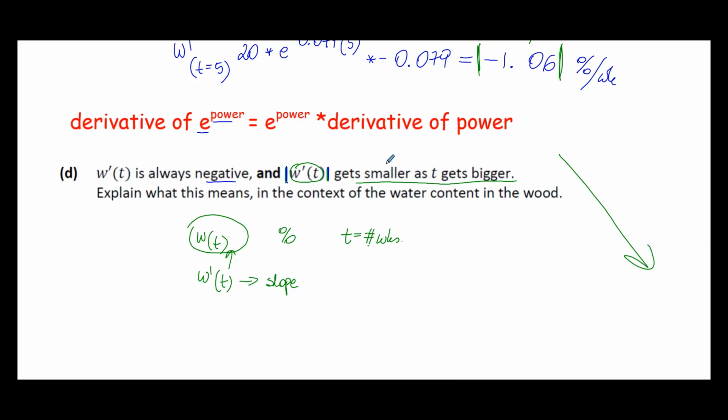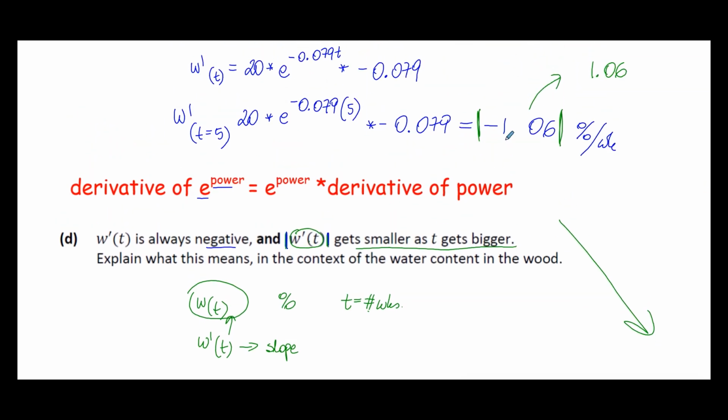And then it's saying that the value here will be getting smaller. We understand that at 5 weeks, that value is already 1.06% per week. But then we go to, I don't know, week 10, and then it will be even smaller than that, it will be decreasing. Why? Because if you think about life, if there is more water in the beginning, more water percentage-wise will evaporate.